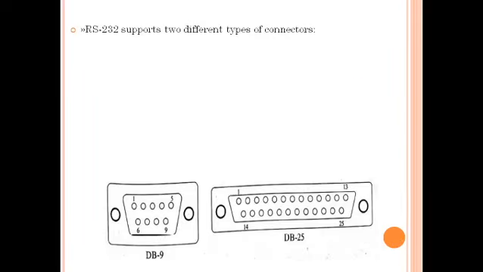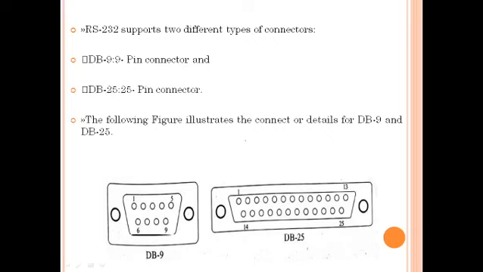RS-232 supports two different types of connectors. One is DB9, which has 9 connector pins. The second is DB25, which has 25 pin connectors. The following figure illustrates the details for DB9 and DB25.